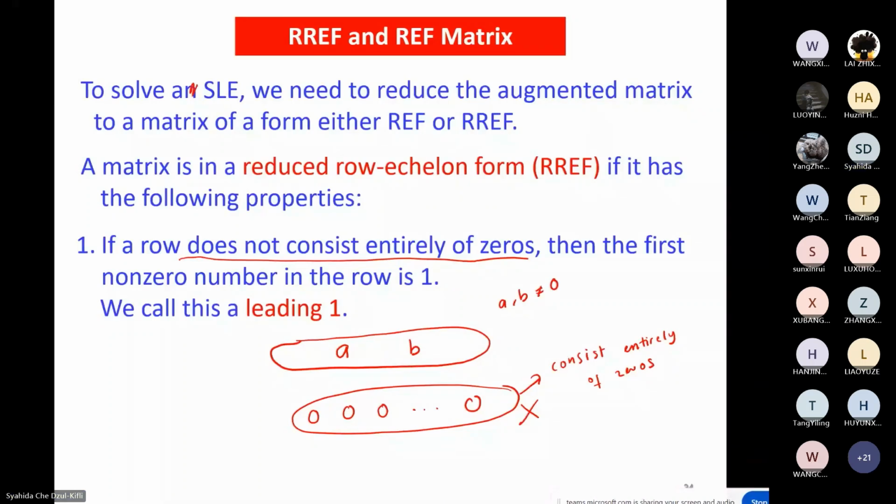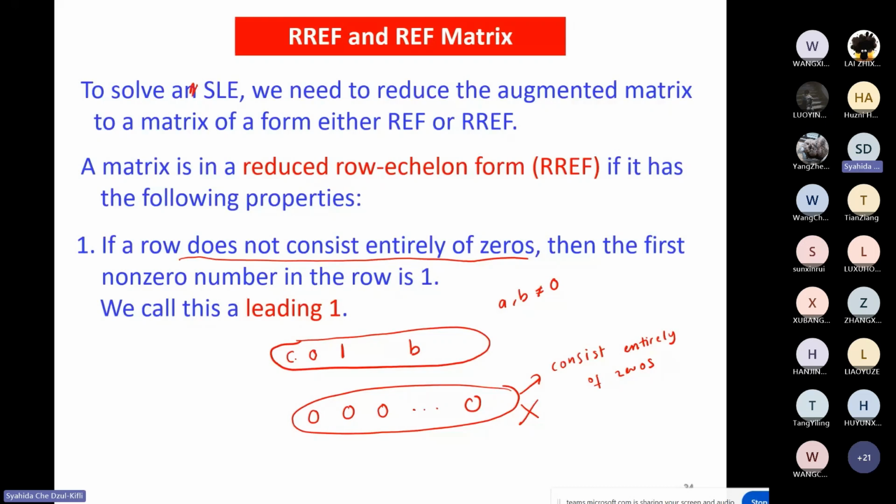Then, if the row does not consist entirely of zeros, then the first non-zero number in that row must be 1. Is that clear? So the others are all zeros.